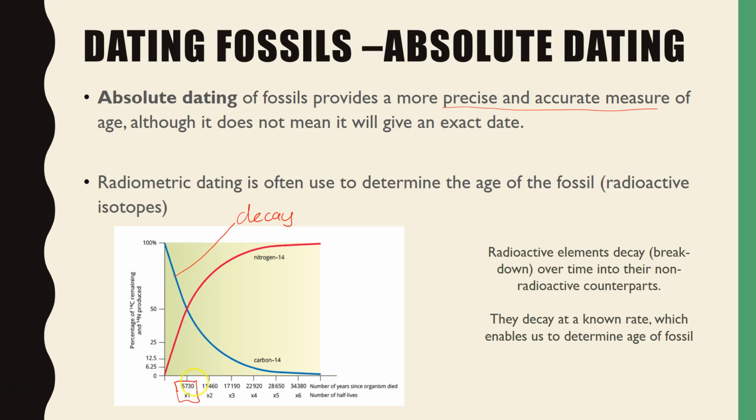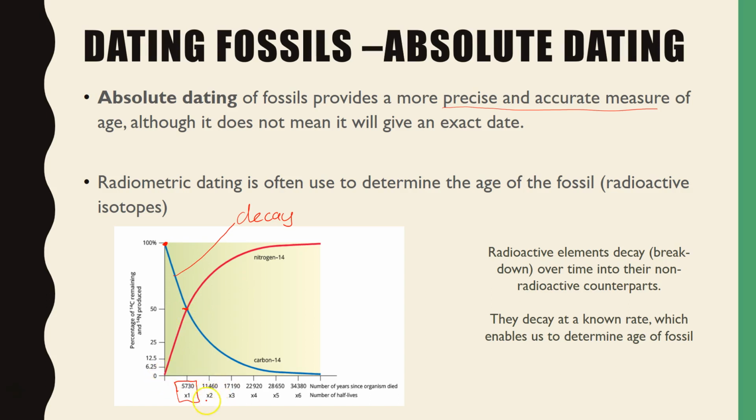So we know that carbon-14 will decay at 5,730 years. At the beginning, we have 100% of carbon-14 in the organism. When the organism dies, the carbon-14 quantity will start to decay or break down. After 5,730 years, the amount of carbon-14 will be 50% of what it began as. And obviously the amount of nitrogen-14 will be 50% from what it began as at 0.